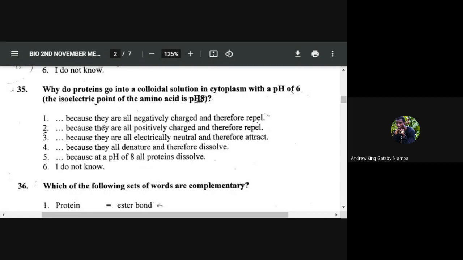So let's be fast. We're only remaining with 10 minutes to the end of the meeting. As you're analyzing, we'll check up on the time because we have only a few minutes. So what's your take on question number 35?